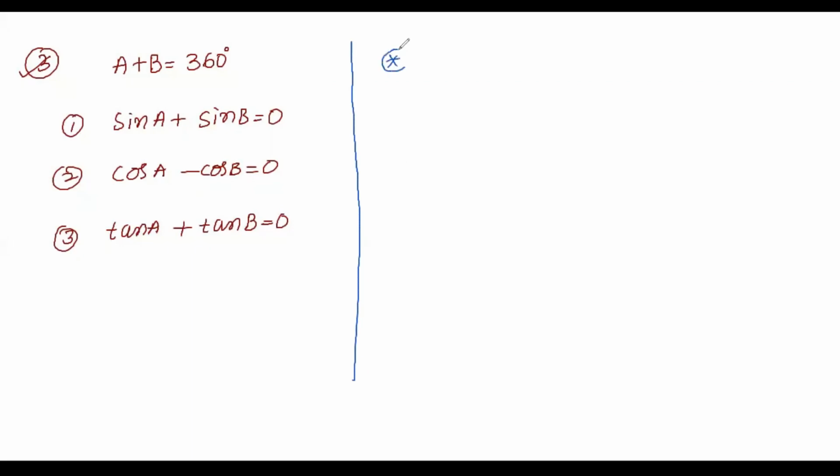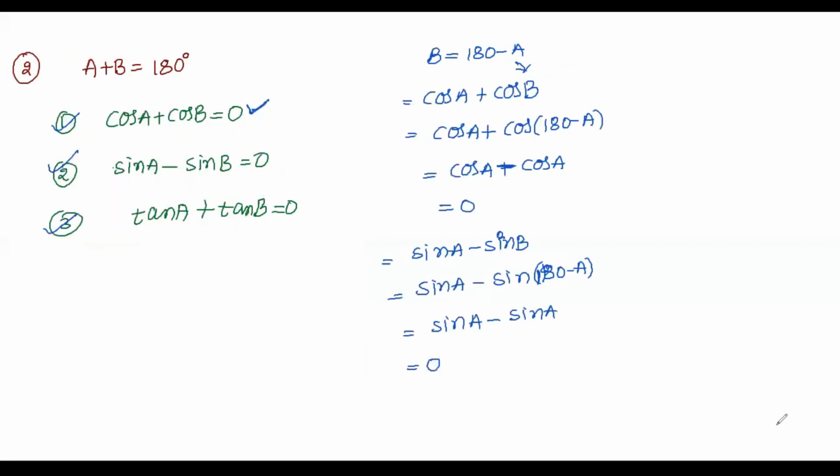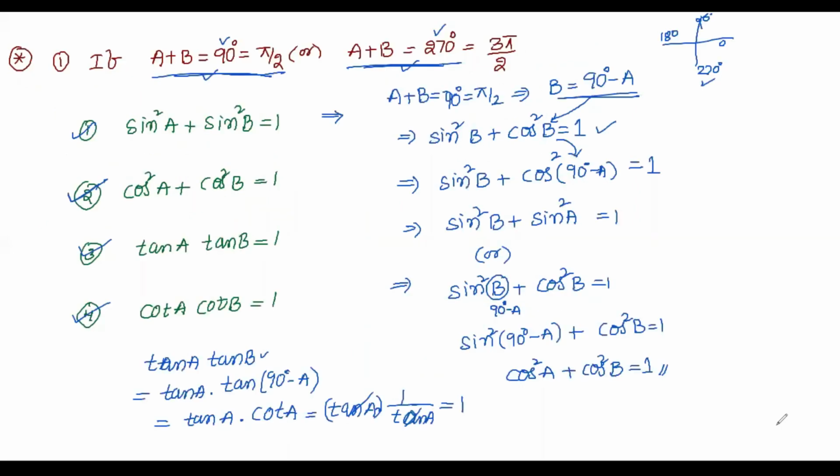First question I gave: tan 130 degrees into tan 140 degrees is how much? See the previous slide. This is a plus b is equal to 180. This is a plus b is equal to 270. If a plus b is equal to 270, then what happens?